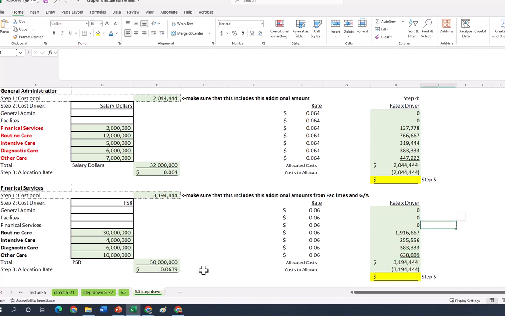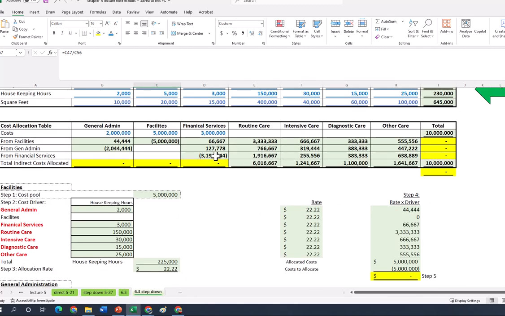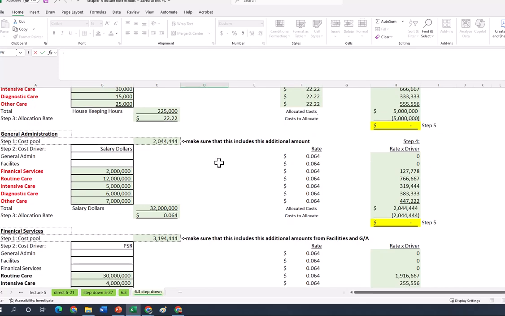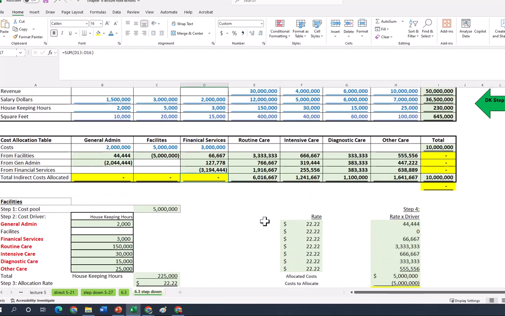We've calculated the allocation rate. We've applied the allocation rate. And we've then brought the amount allocated. So financial services, we needed to allocate 3.194. That's what we did.